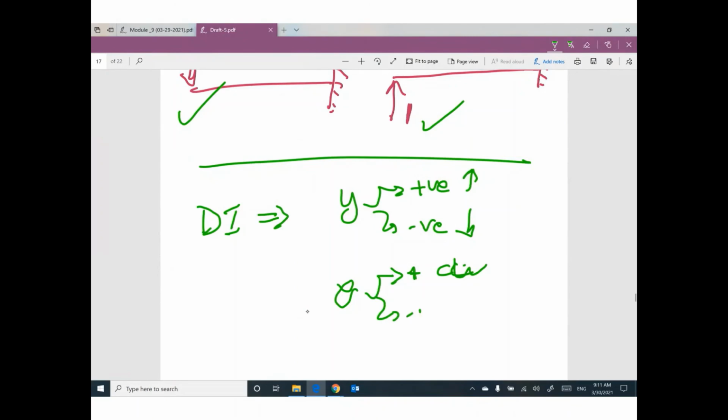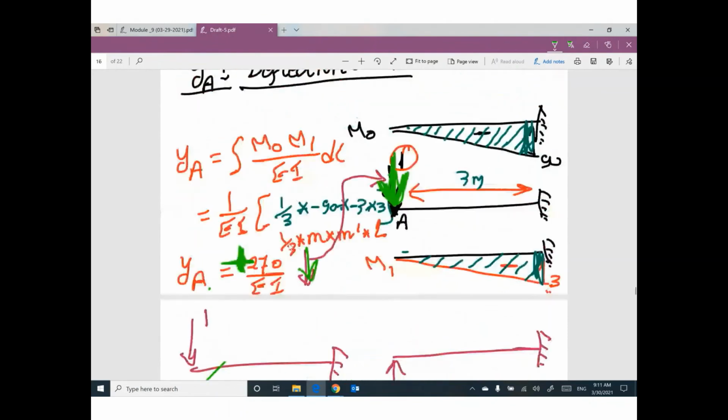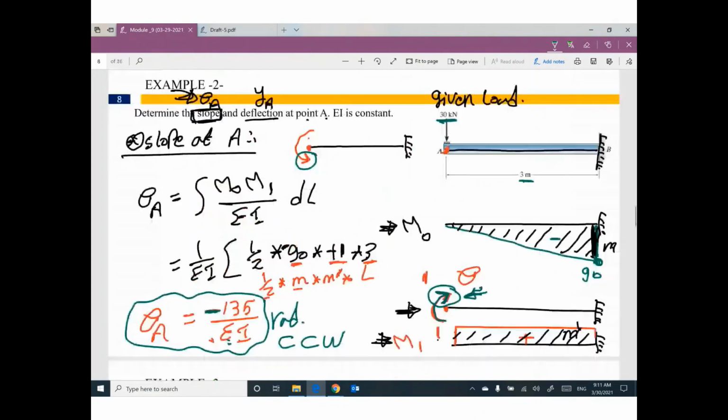If the value is negative, it will be counterclockwise. No, we have a different technique in this method. If your value is positive, it will follow the direction you assumed. If your value is negative, it will be opposite to your assumed direction. That makes sense?